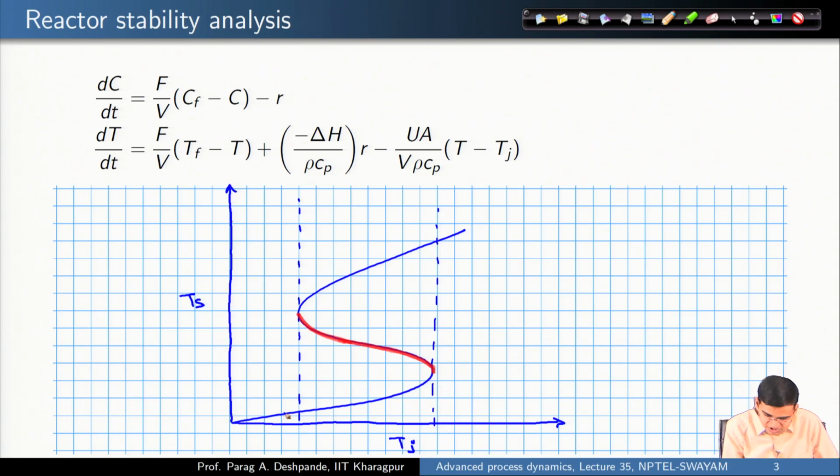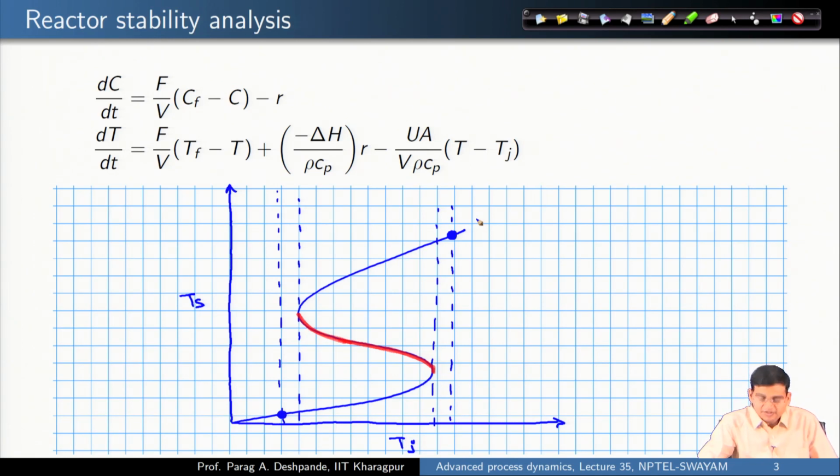So, if you start your system vertically in this proximity, if you are away from this particular line, you will come to that line, come to that point. Similarly, vertically, if you start in the proximity of this point, you will end up at that point at the steady state.